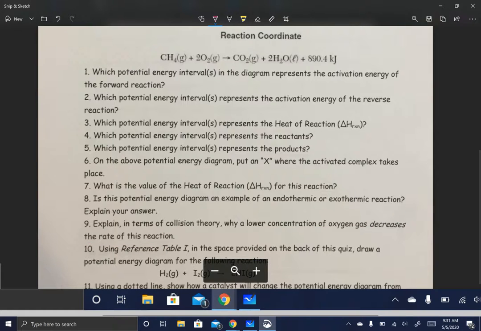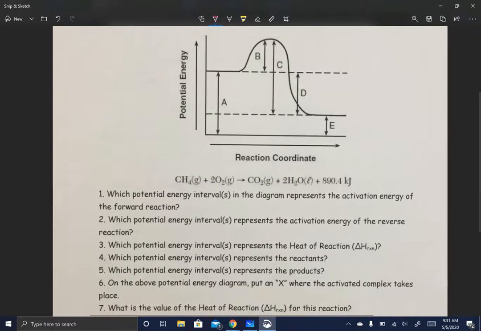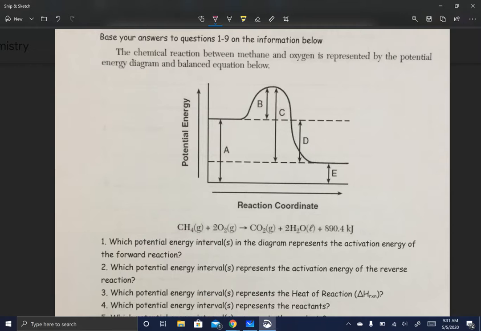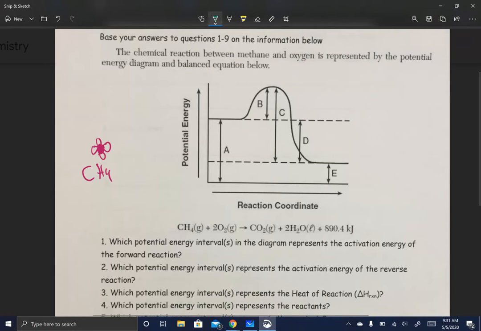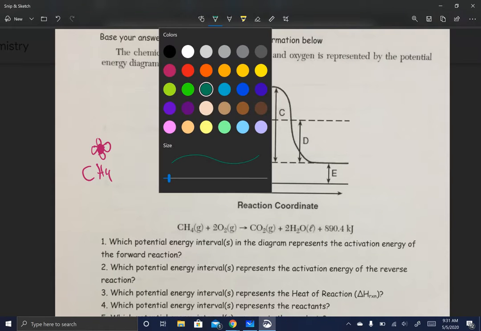Okay. So basically what we have here, we have CH4 and O2, right? So if I draw CH4, here's CH4. There's CH4. And let me draw O2. I'll use a different color. Those are two ugly colors to mix. Whatever. Here we go.